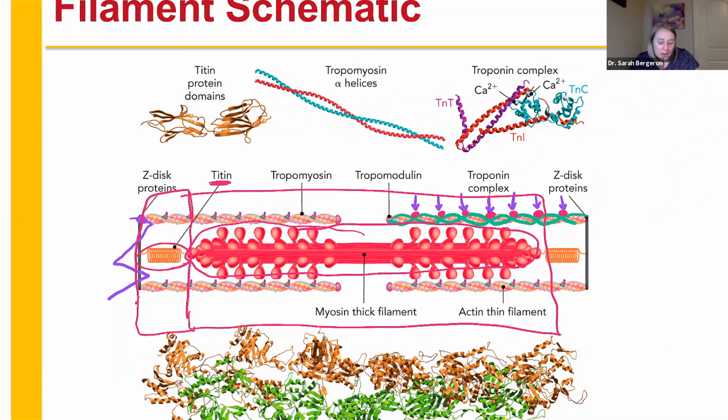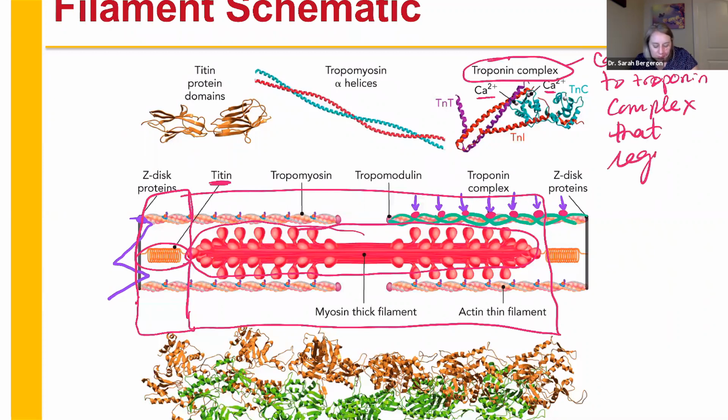So it's really the calcium binding to the troponin complex that is going to regulate contraction. So it's calcium binding to troponin, the troponin complex, that regulates muscle contraction, right? Because that's where it starts. Calcium comes in and it binds to troponin.